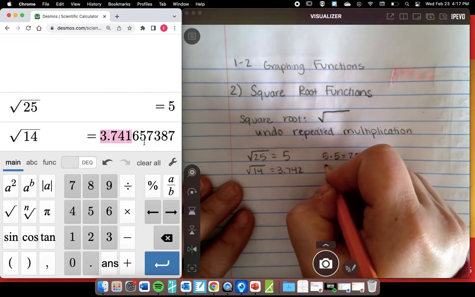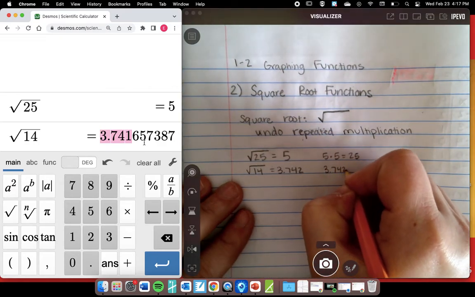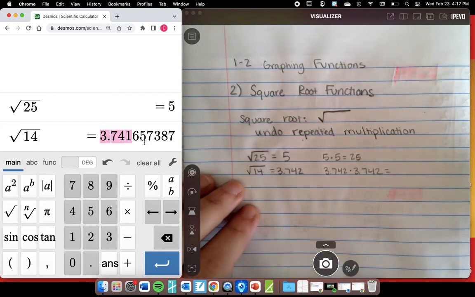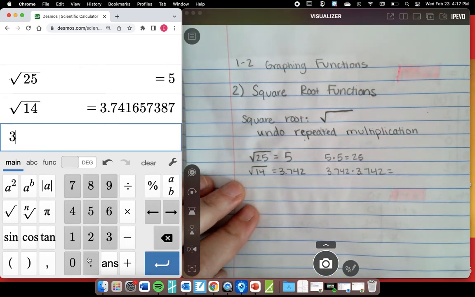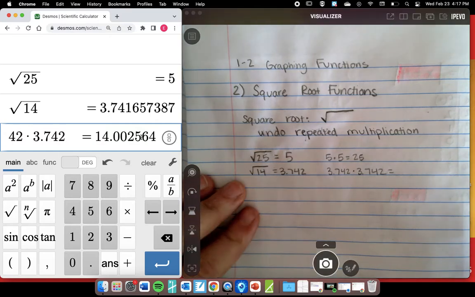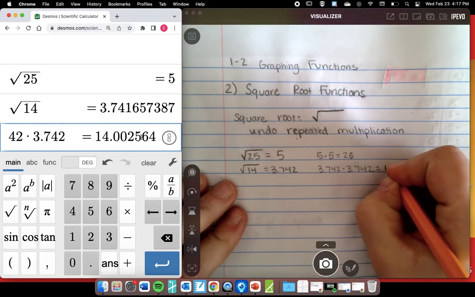If I take 3.742 times 3.742, we get 14.00. It's a little off, but it's pretty close to 14.